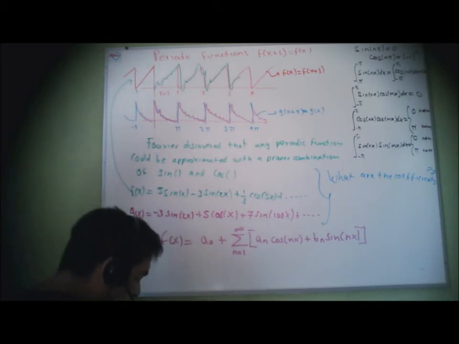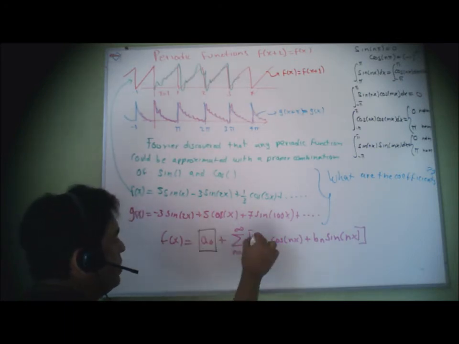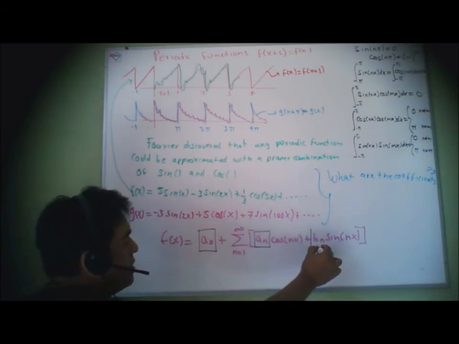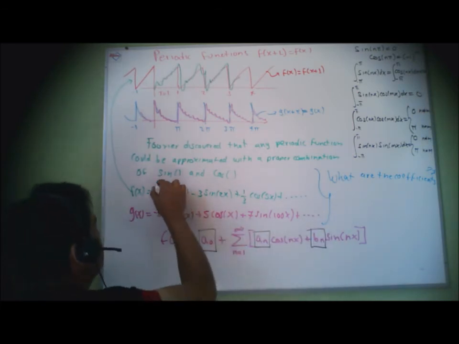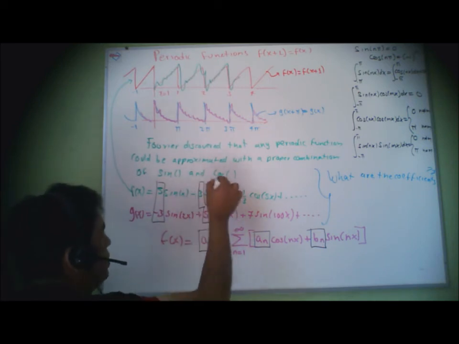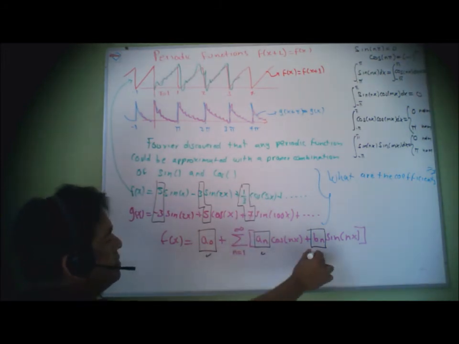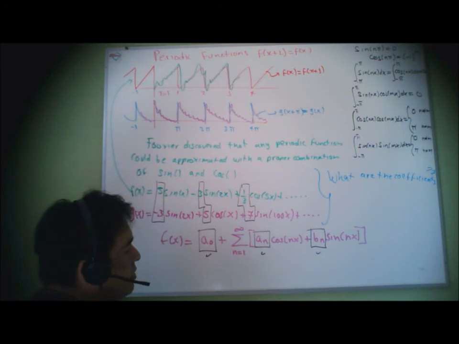Now the task is again: what are these coefficients an, bn, and so on? What are the values of those coefficients?